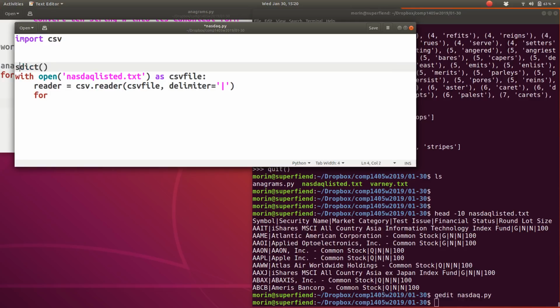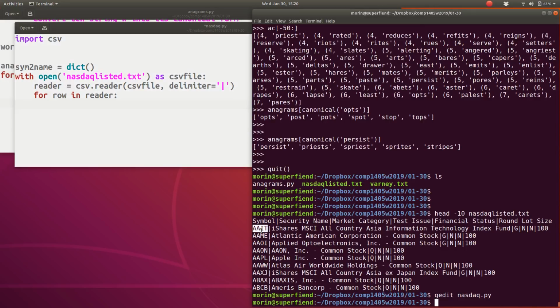We'll call that symbol to name. And then we say for row in reader. So now for each row in this file, each line in this file, we now have a row, which is just a list. The first element of that list should be the symbol, and the second element of that list should be the name of the company.